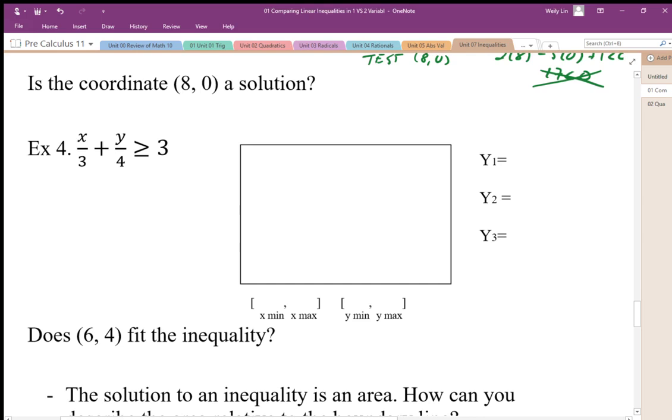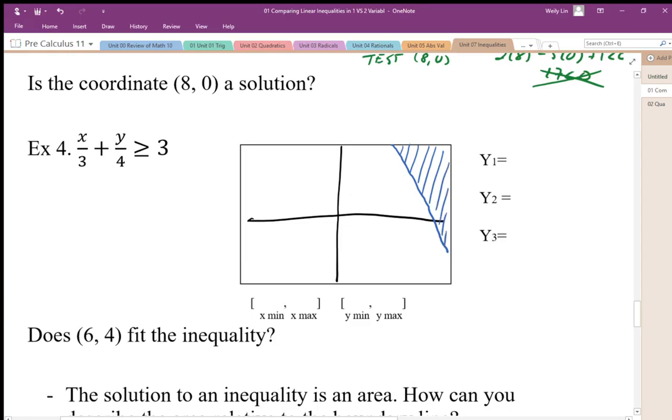Our graphing tool can accommodate this type of equation quite easily. So when I graph this, I'm going to get an equation that looks like this, and since it's equal, I'm going to have a line that looks like that. And the shading is going to be on this side of the line.